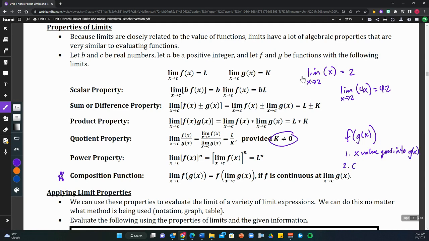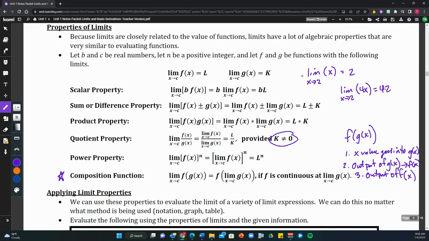Then an output value comes out. But that output value goes into the function f of x as its new input. And then we find the output value of f of x. So it's a three-step process.